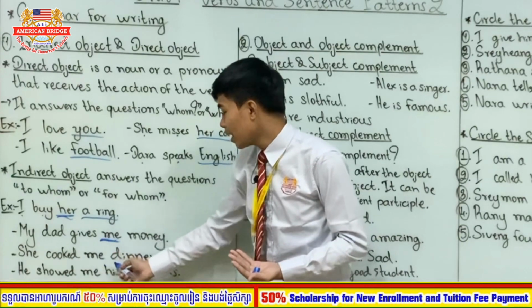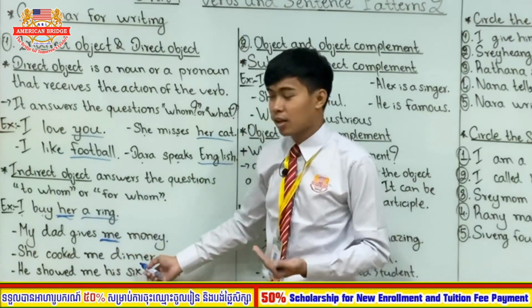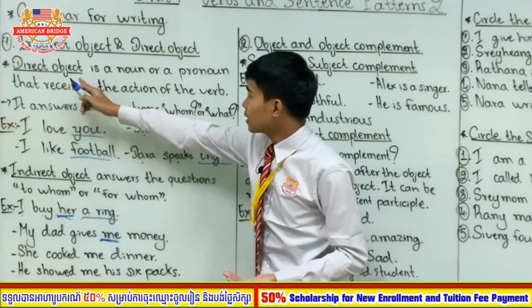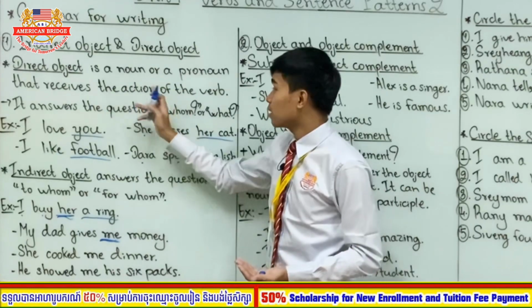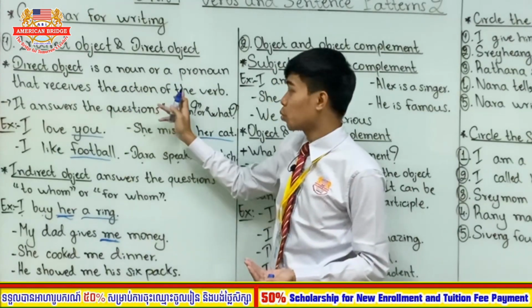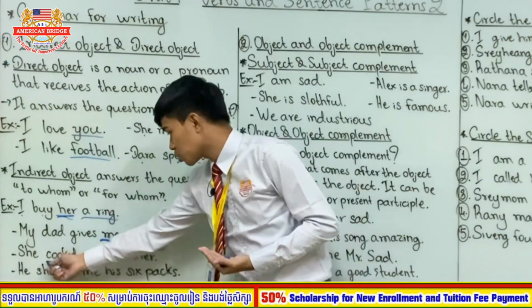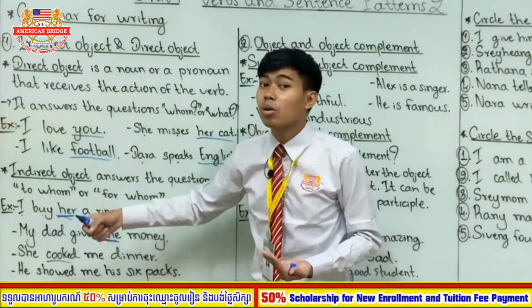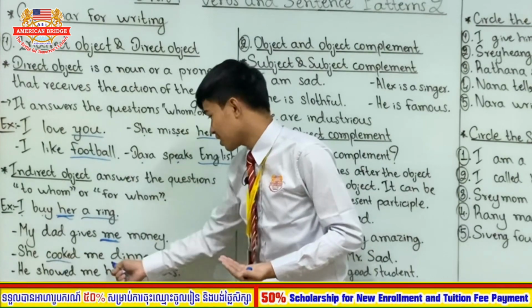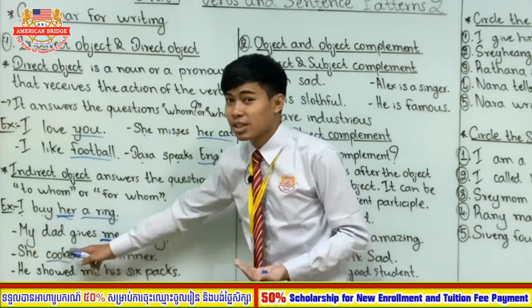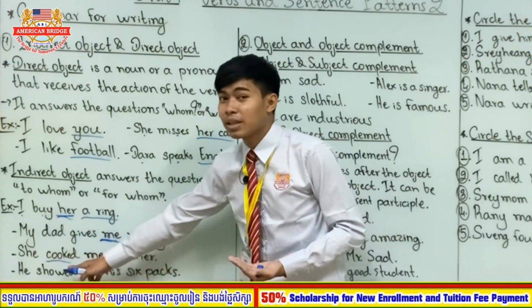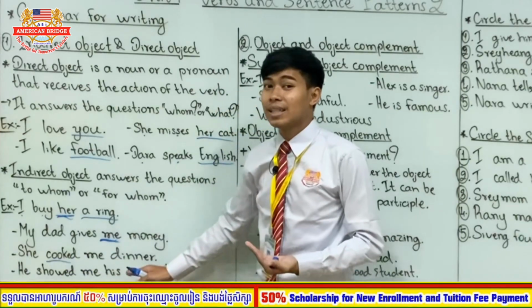Why do I say dinner here is a direct object? Because a direct object is a noun or pronoun that receives the action of the verb. So dinner here receives the action of the word cooked, right? So when it receives the action from the verb cooked, it means that it is a direct object.